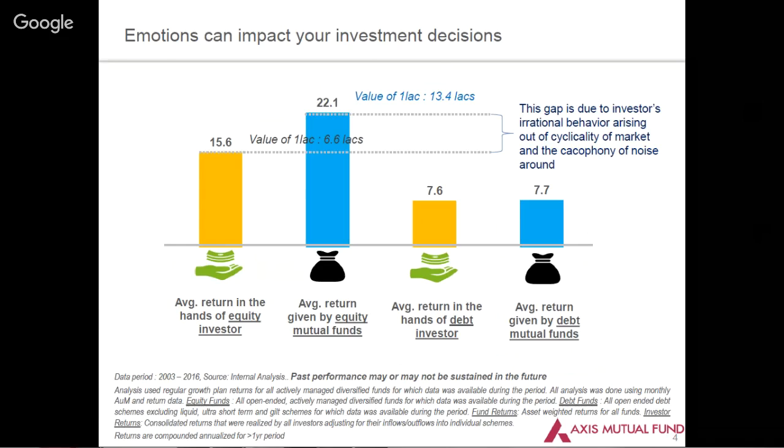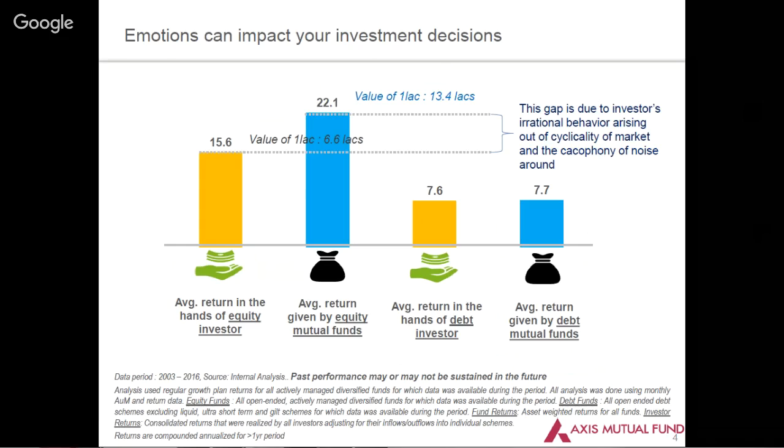However, the concerning thing is what the investors have actually got, which we have seen by adjusting the return by the flows, when money has come in and out of the funds. That is the orange bar. The return that the investor has got is lower by almost 6%, at 15.6%.